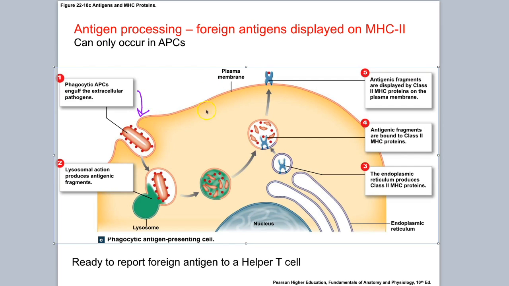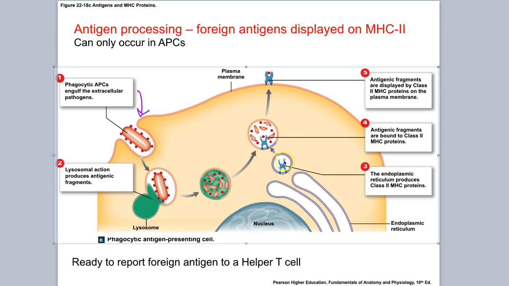We're taking in our little bacterium, our infectious particle, and we're going to fuse a lysosome with this vesicle containing this particle. The lysosomal enzymes will chemically digest the bacterium, breaking it down into small molecular pieces. Then little bits of that bacterium will be inserted into MHC2 proteins.